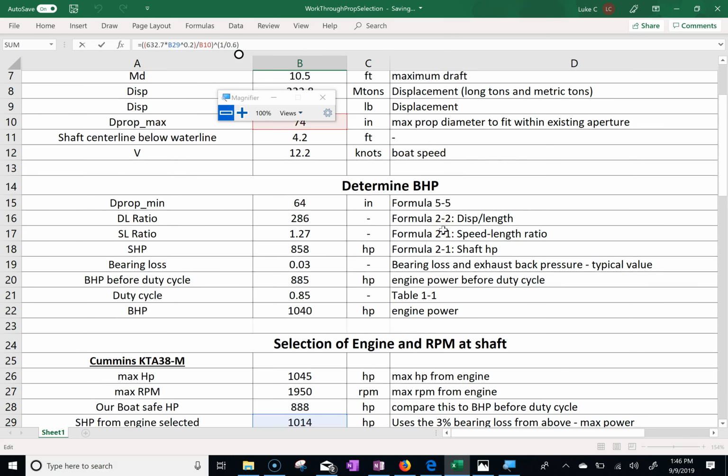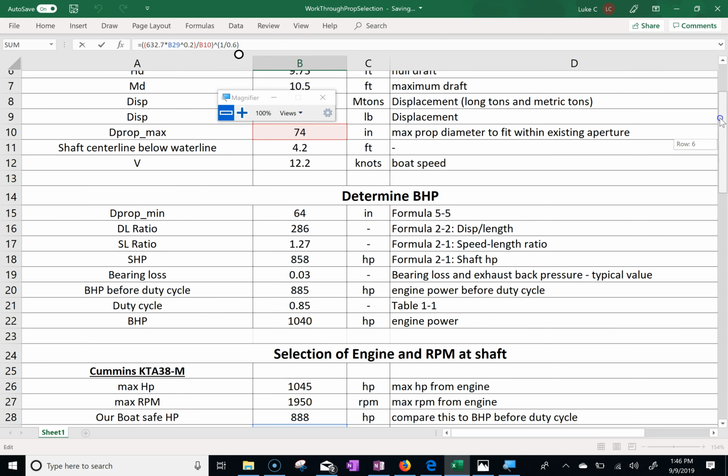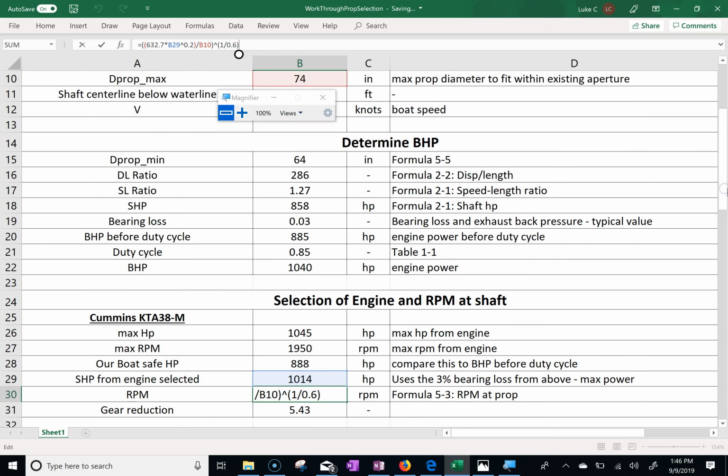Sorry, solving for RPM based on our maximum diameter that we assumed up here, which is 74 inches. It's huge. So again, we're using SHP and our max diameter to figure out what RPM we're going to need at the prop.